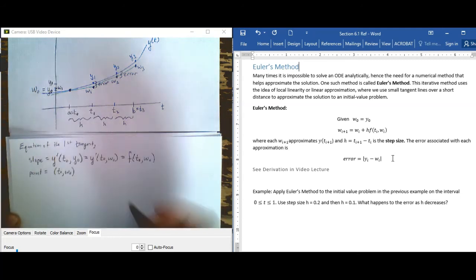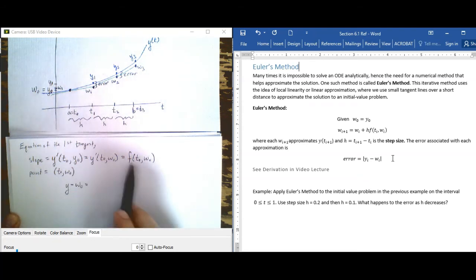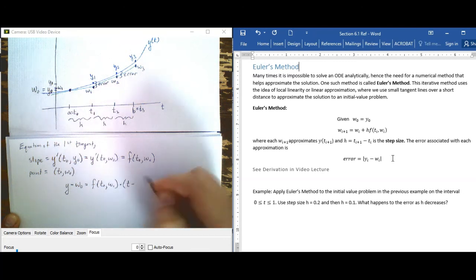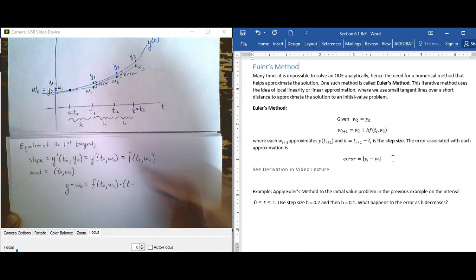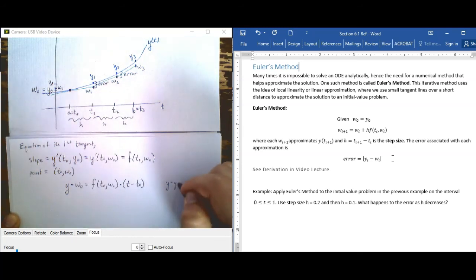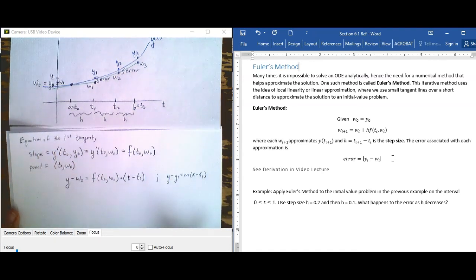So the equation of this line would be y minus w naught equals our slope times t minus t value here, t naught. Right? I'm just using the y minus y1 equals m times x minus x1. Okay?